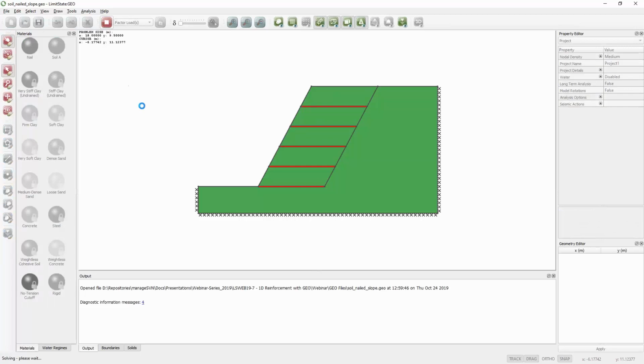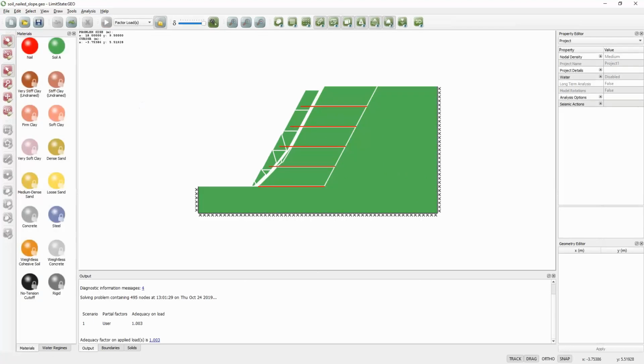So if I click solve, the software will very rapidly work out the failure mechanism, and basically it's finding the most efficient way to deform the soil between the reinforcement. In this particular case, it's finding essentially a shallow failure adjacent to the slope face. More conventional analysis might consider two wedges further back, but these would be less critical for this particular parameter set.